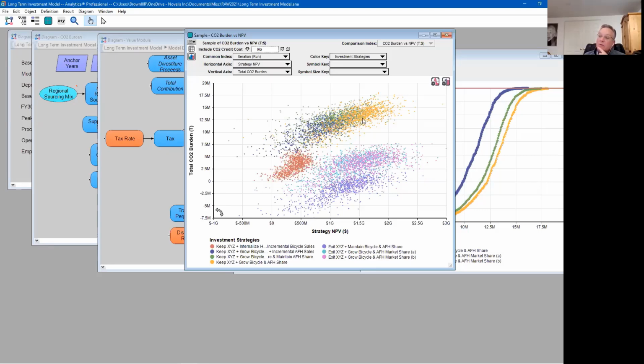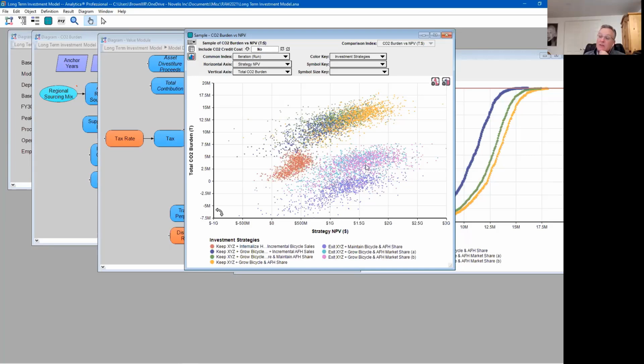So if we can move vertically downward and find strategies that have a lower amount of CO2 contribution versus the overall net present value generated, you can see that it's probably going to be a trade-off or some sort of comparison between these strategies represented by these strategy names here at the bottom right. However, again, it's not altogether clear exactly which one is best, particularly among these two.